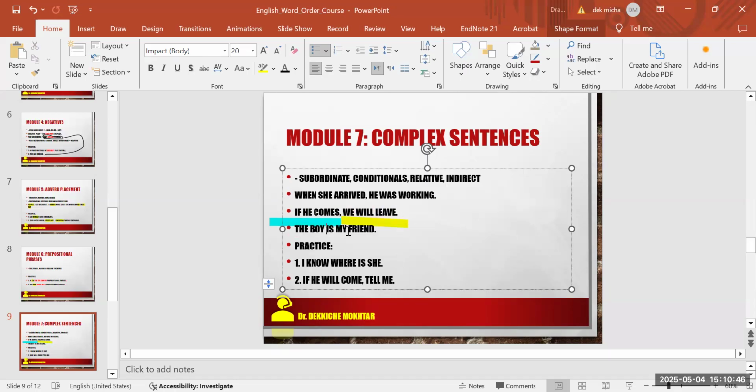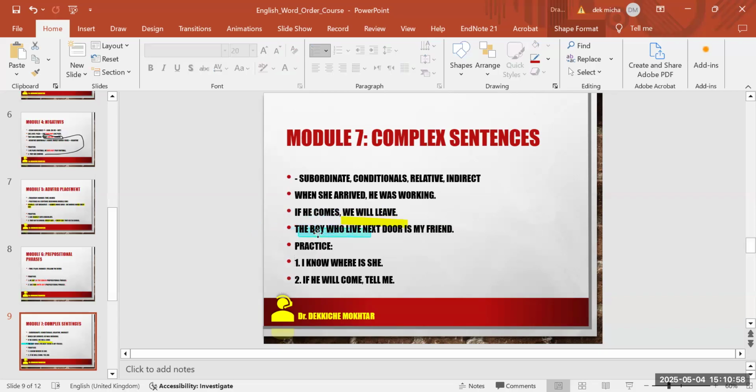The boy is my friend. This is a complete, meaningful sentence. However, when we add who lived next door, who lived next door is a relative clause. Okay?